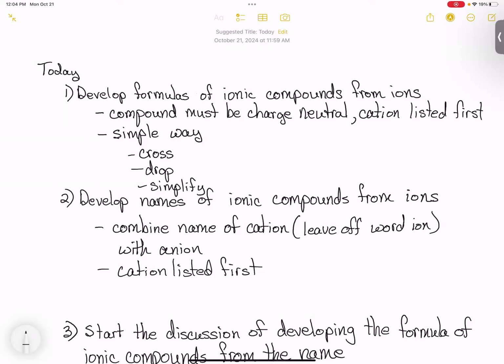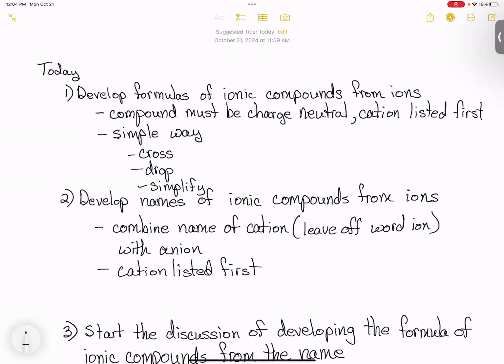When we do so, we're going to make a compound that is charge neutral, meaning that the positive charges of the cations and the negative charges of the anions add up to equal 0. Again, ionic compounds must be charge neutral.